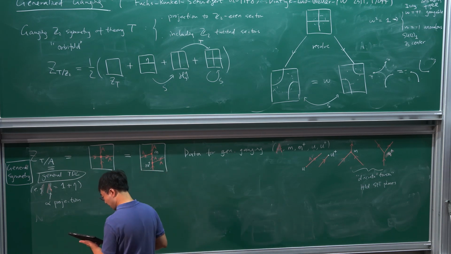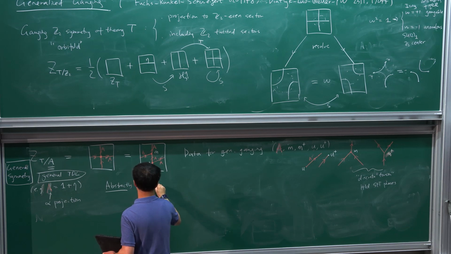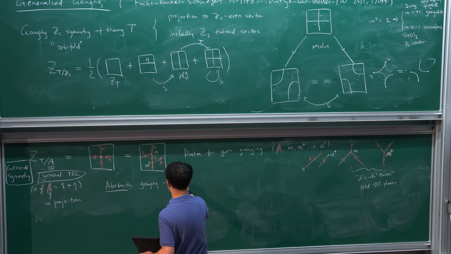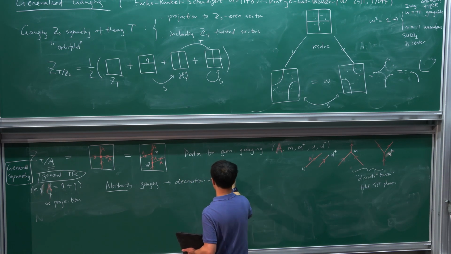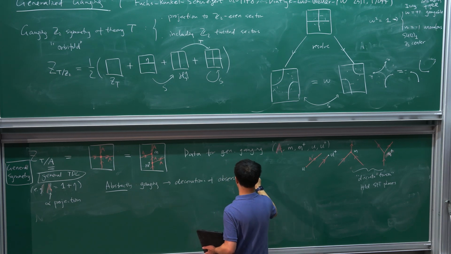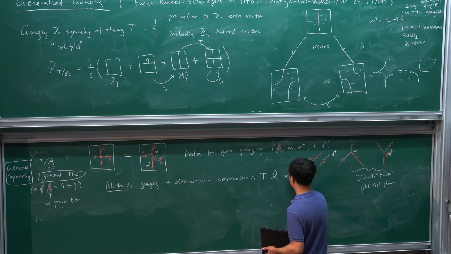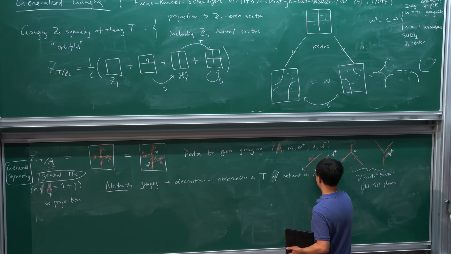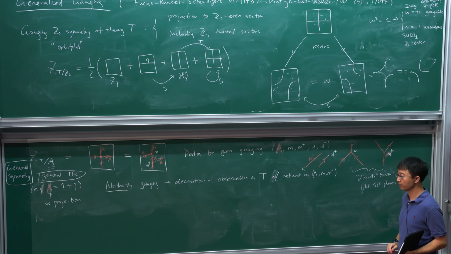First let me say that abstractly, gauging with this information, the A and the junctions, amounts to decorations of observables in the theory before gauging by a network formed by A and joined together by these junctions, keeping track of the orientations.